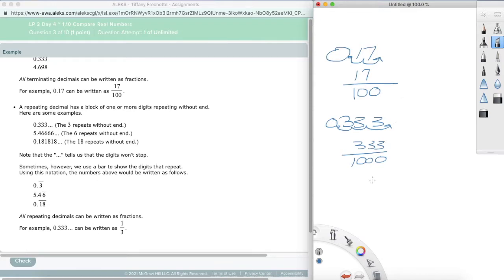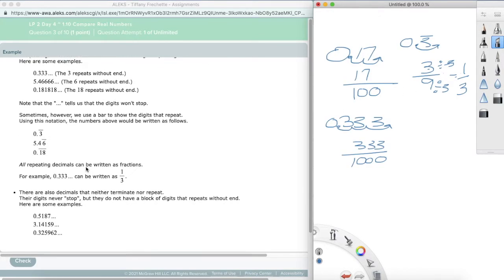But if I had this same thing with these threes, but instead of it stopping, it was repeating like this, I would go over once like that, and I would go, okay, that's 3, but instead of putting it over 10, it's over 9. There is a formula that goes with this, but the basic idea is that it goes over 9 instead of 10 if it's repeating. And then we would reduce this. They both divide by 3. So we get 1/3, because 3 divided by 3 is 1 and 9 divided by 3 is 3. So that's where they get the 1/3. This is the method that we use for repeating decimals.